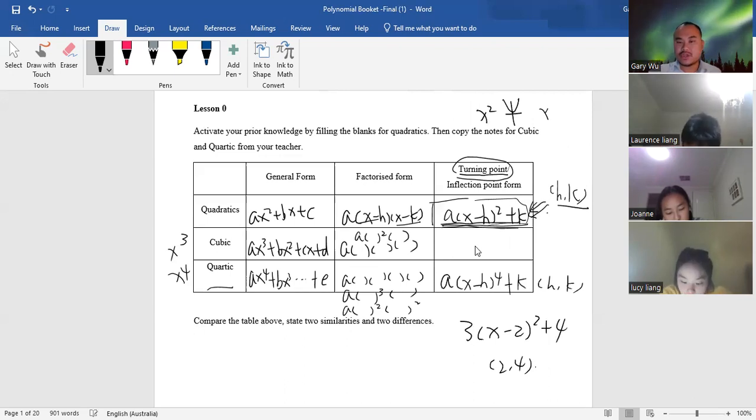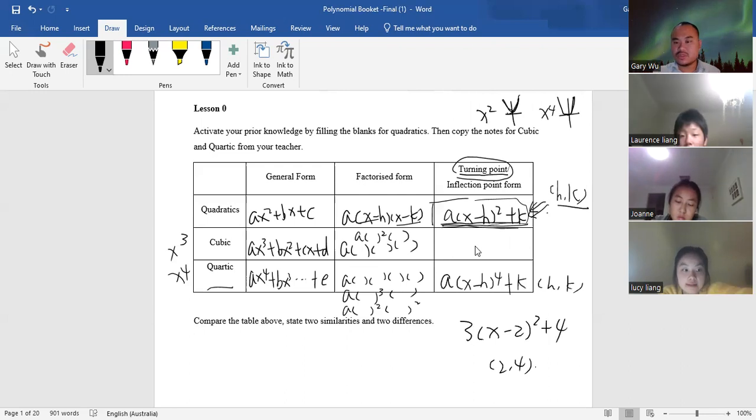And then the basic shape for quartic is something like this. It's actually very similar to a parabola, to quadratics, but the bottom is flatter. And this is sharper. Quadratic is sharper, and quartic is flatter. They both have the turning point here.